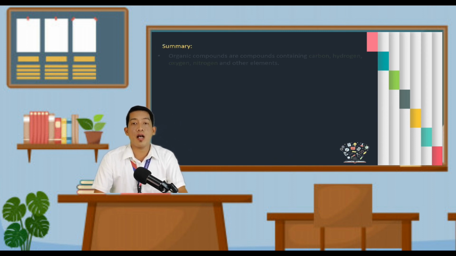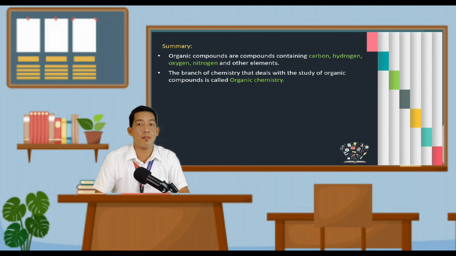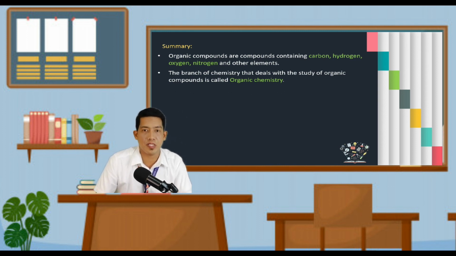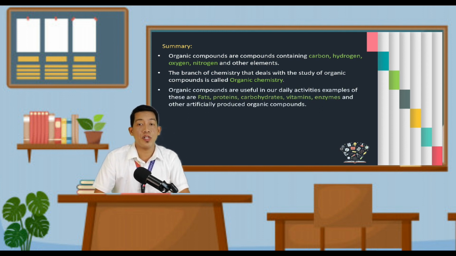Organic compounds are compounds containing carbon, hydrogen, oxygen, nitrogen, and other elements. The branch of chemistry that deals with the study of organic compounds is called organic chemistry. Third, organic compounds are useful in our daily activities.